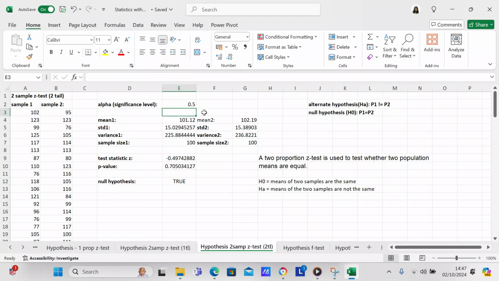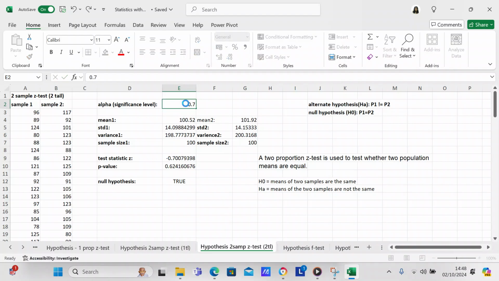So that means there's one number difference between mean 1 and mean 2. We can say 0.6, see what happens. Again, you got a really good p-value. You've got a 1-digit difference between the two p-values, so 0.7.